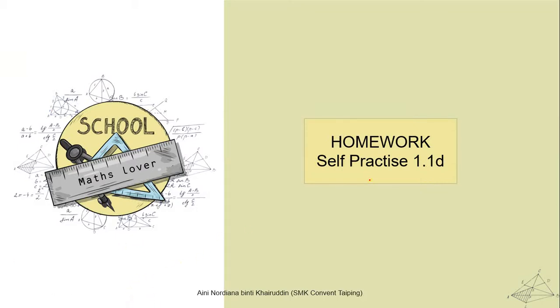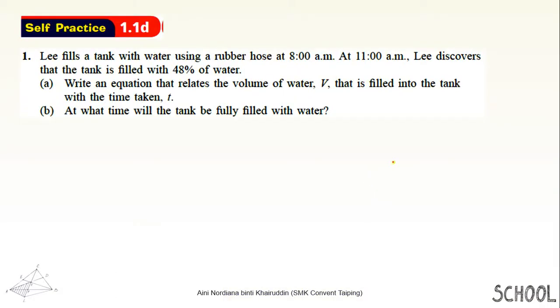Now see self-practice 1.1D. Question number 1. Lee fills a tank with water using a rubber hose at 8 a.m. At 11 a.m., Lee discovers that the tank is filled with 48% of water.